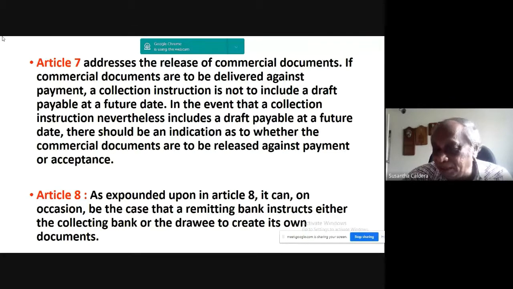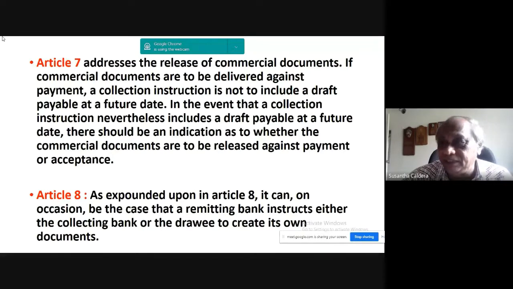What is going to happen in a normal scenario, right? In a normal scenario, I know some banks are holding these outstanding documents for years and years.